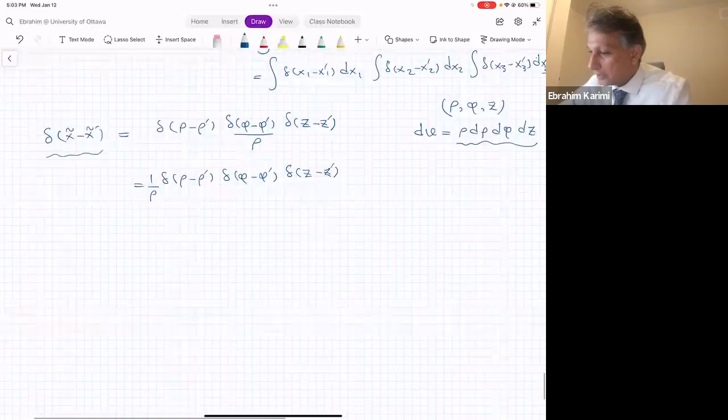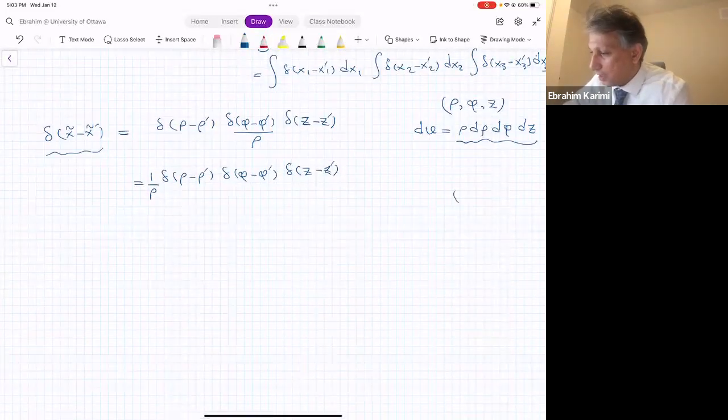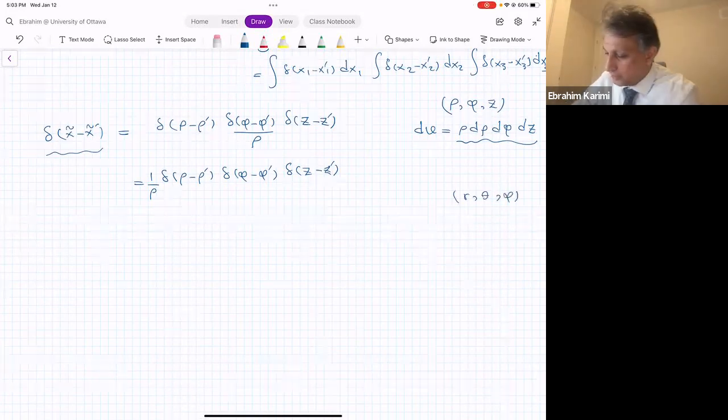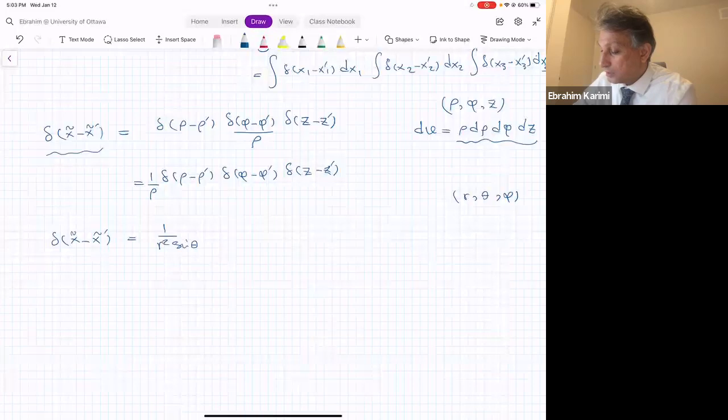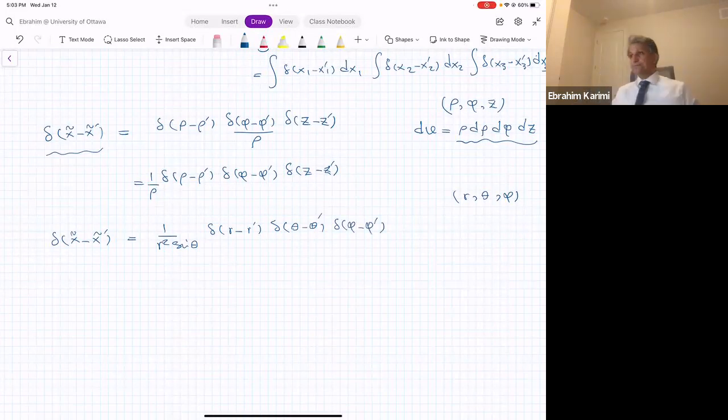And for spherical coordinates, which are r, theta, and phi, delta of x minus x prime will be 1 divided by r squared sine of theta, delta of r minus r prime, delta of theta minus theta prime, delta of phi minus phi prime.